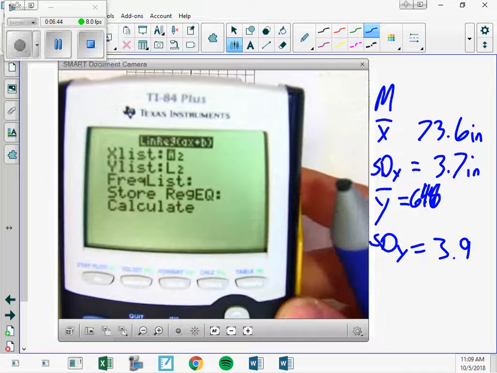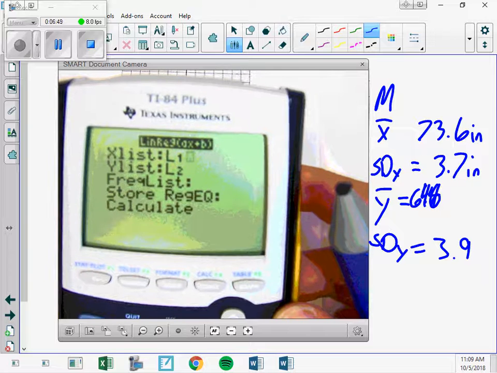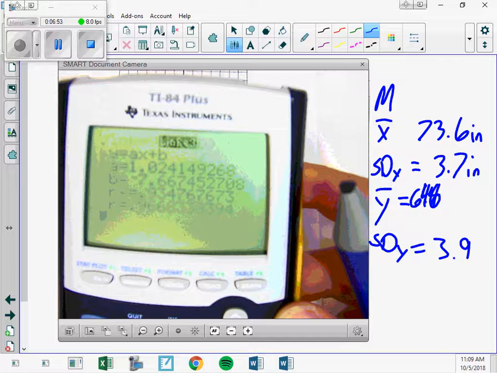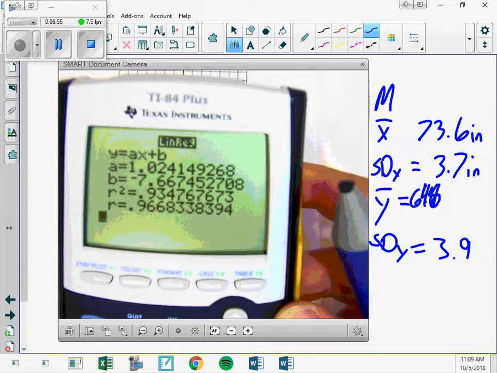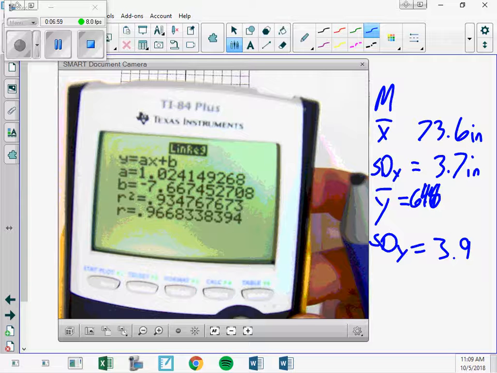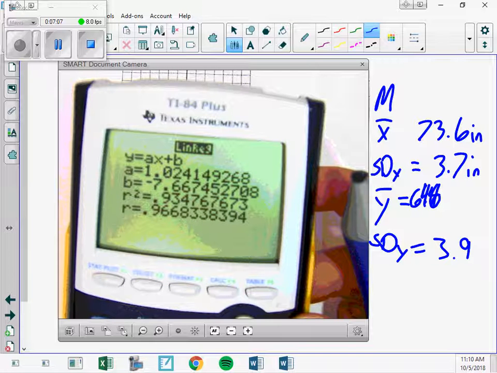So my X list has to be L1, and my Y list has to be L2. And I get an R value of 0.96. So, can men's height be used to predict spouse's height? Yeah, they are very highly correlated. So maybe we got that one yesterday wrong.